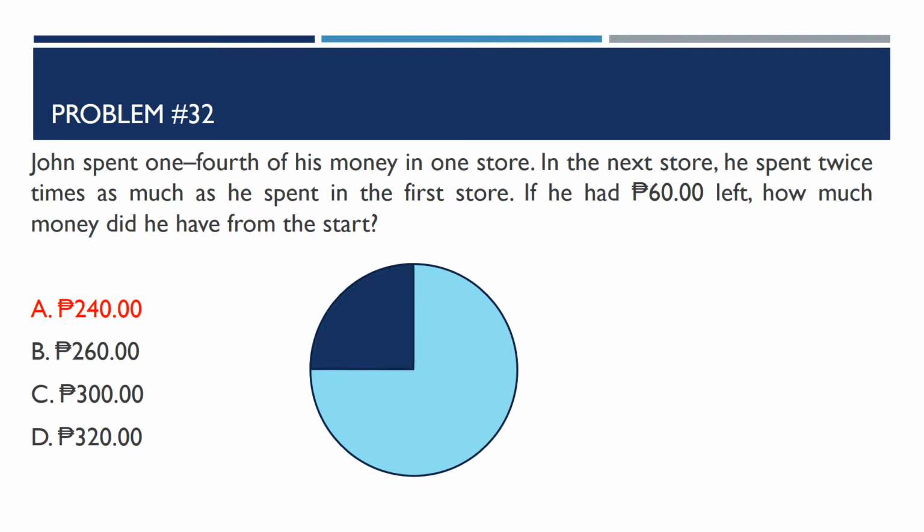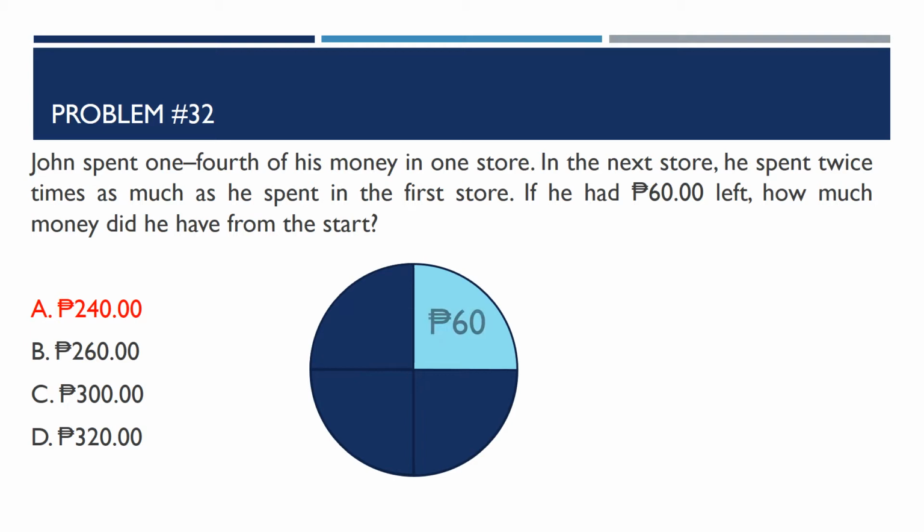So this 1/4 of it is gone. And then in the next store, he spent twice as much as he spent in the first store. So that means there are two 1/4 that was spent of his money. And what was left is this. It is worth 60 pesos, which is actually 1/4 of the whole circle.